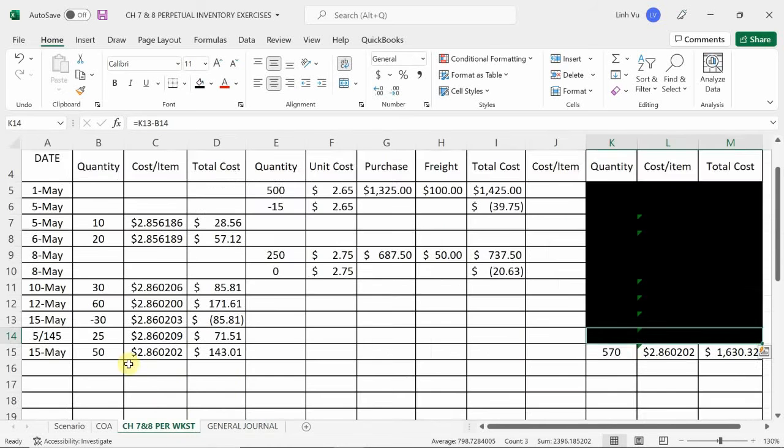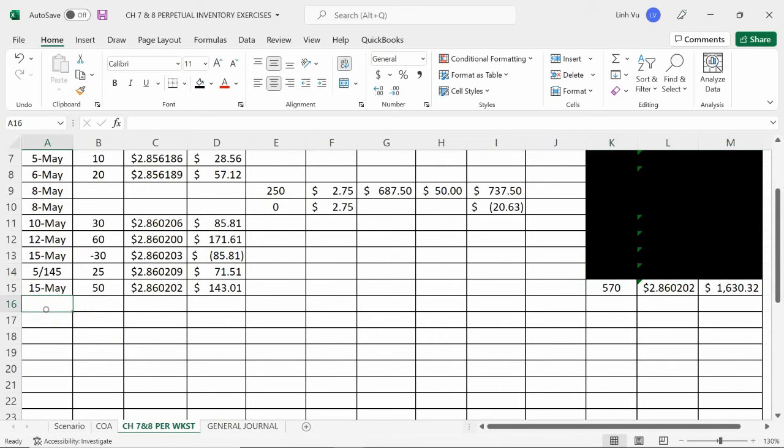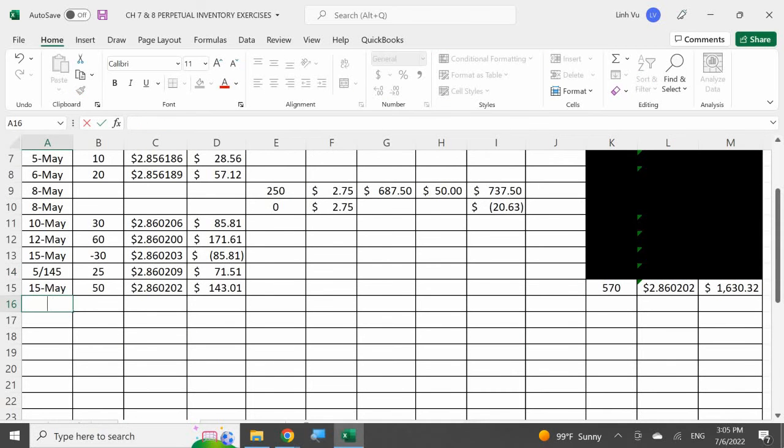So let's plug it into my inventory worksheet. Now I'm going to change my cost per item because I made a purchase of 400 units at $2.80 each with a freight of $80.